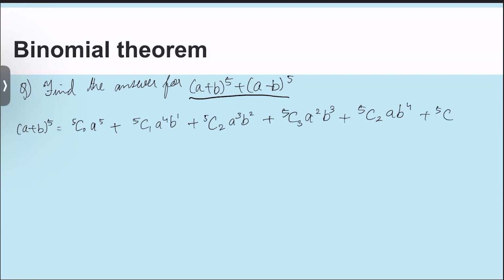And the last one, 5c5 b raised to 5. Okay, so this is your expansion for a plus b the whole raised to 5.